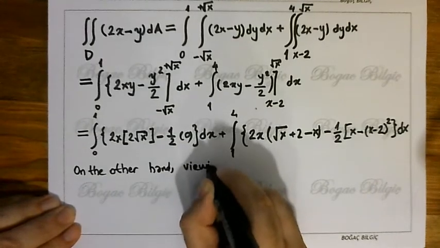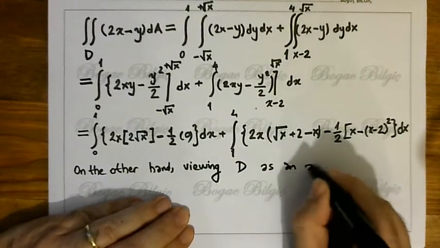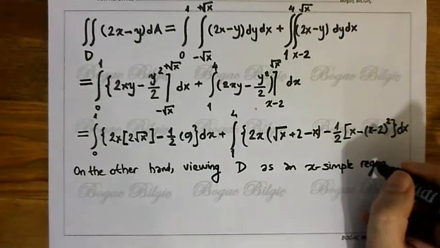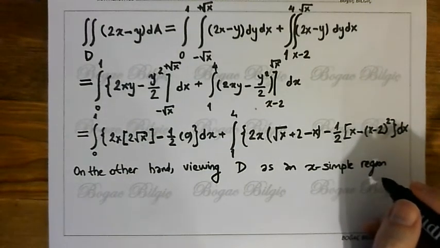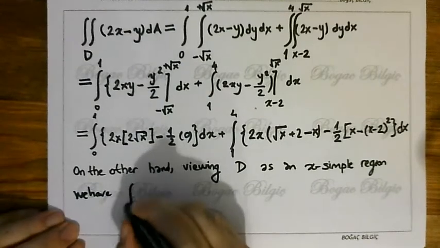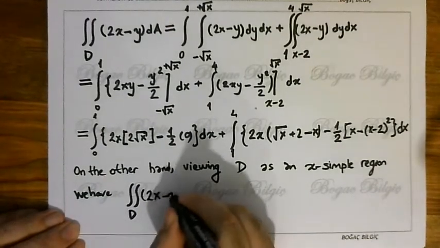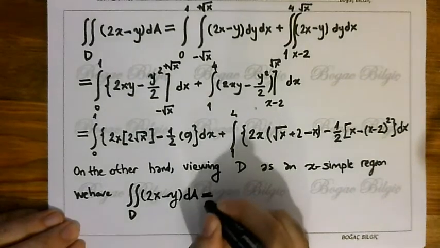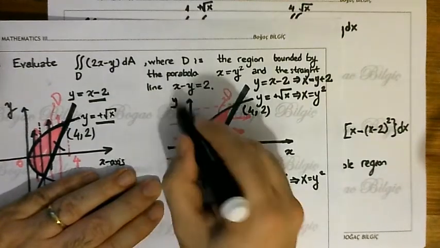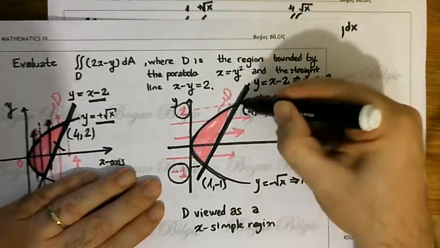On the other hand, viewing D as an x simple region, we have the double integral on D of 2x minus y dA is equal to, please, y from minus 1 to 2. The upper boundary is this and the lower boundary is this.